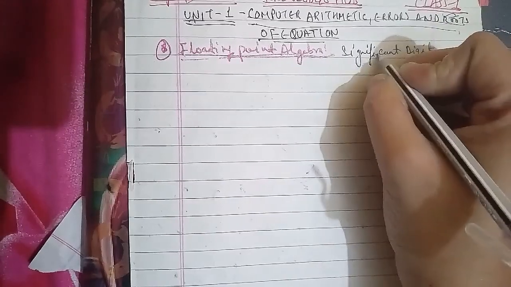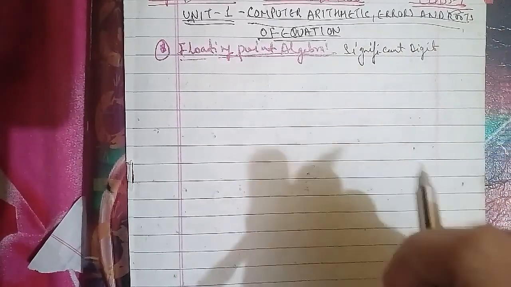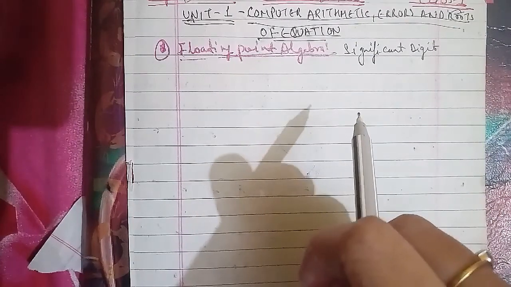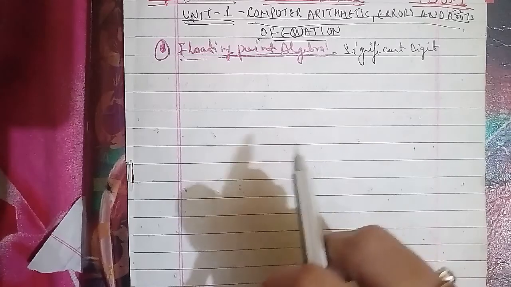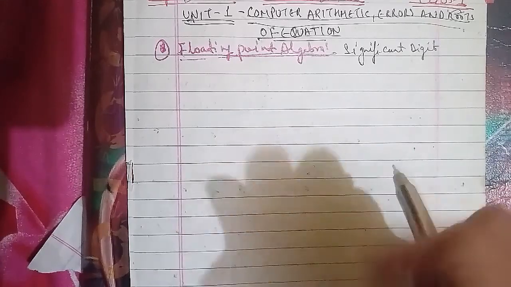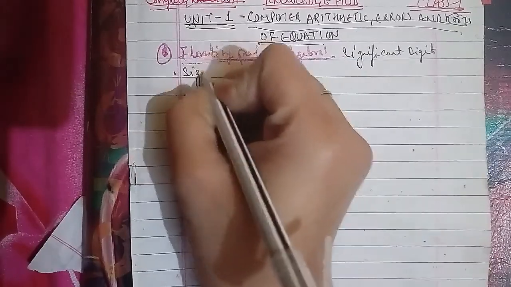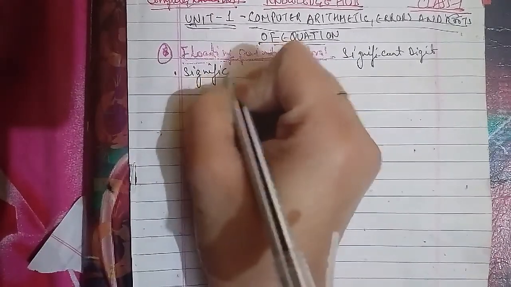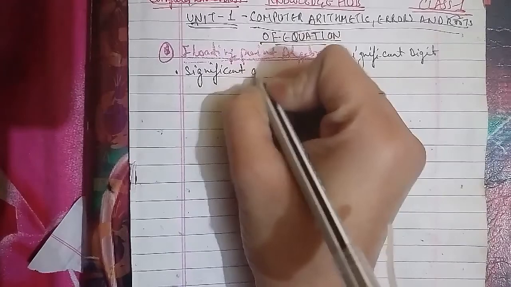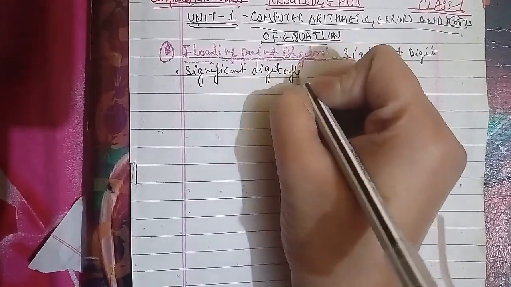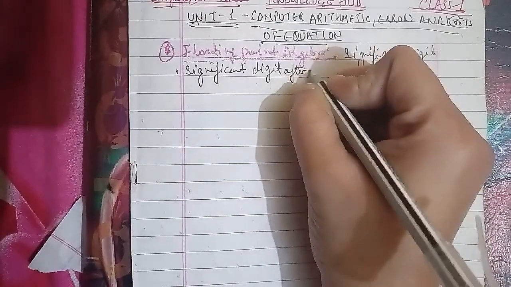We'll also talk about significant digits after the decimal point. These are the numbers of significant digits after the decimal point.